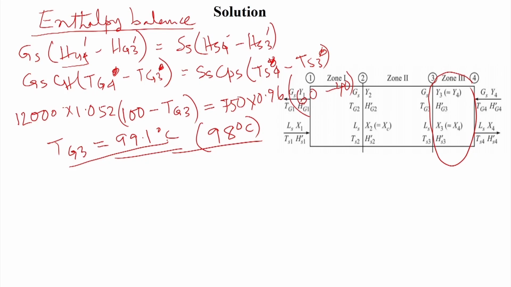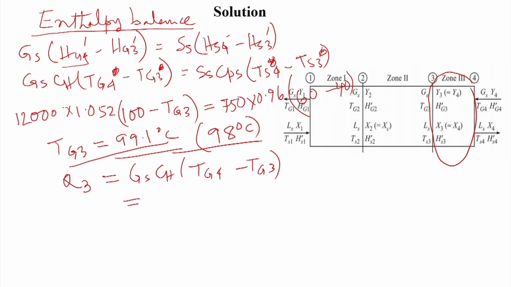So, we can assume that Tg3 is equal to 99.1 degree Celsius. Now, in zone 3, the heat flow Q3 is equal to Gs into Ch into Tg4 minus Tg3.